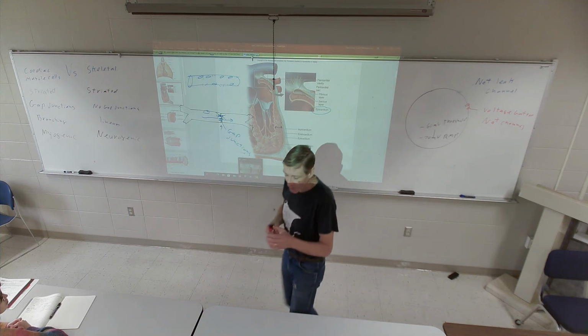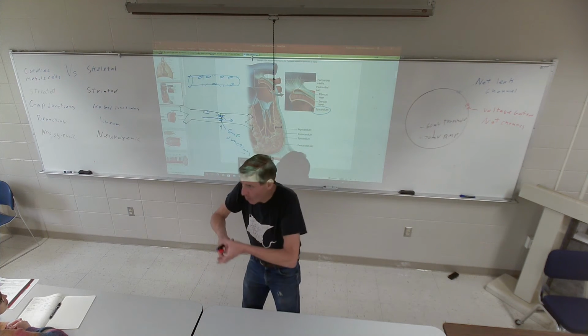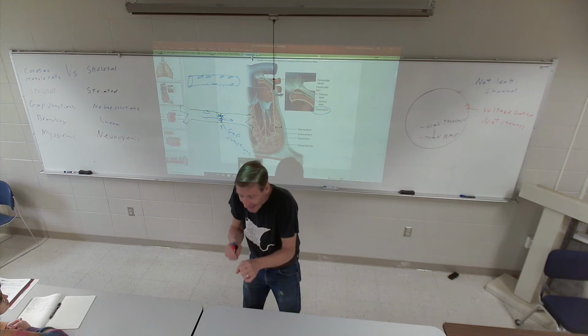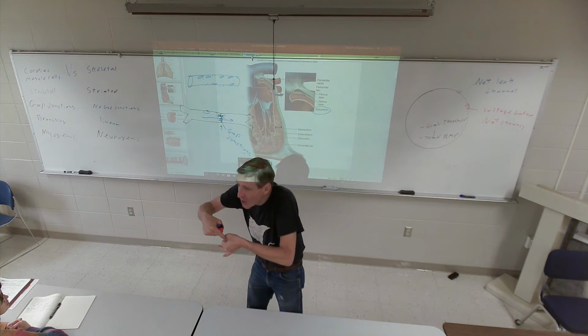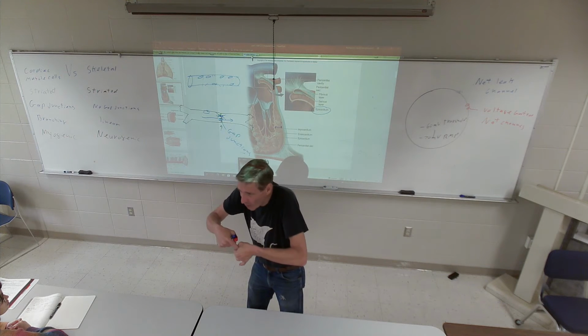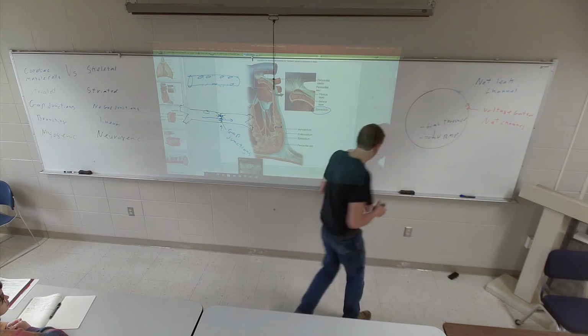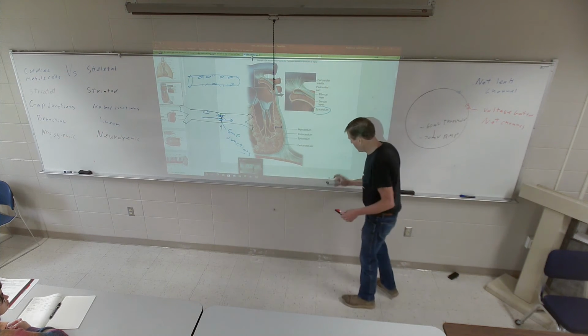As the name implies, those voltage-gated channels, when they pop open, are big honking holes, and sodium pours in. A leak channel, just imagine like a little pinhole in a boat or something. It's a little tiny hole, so whatever can leak through has to go in pretty slowly. That's all we need. Because here's what will happen now.